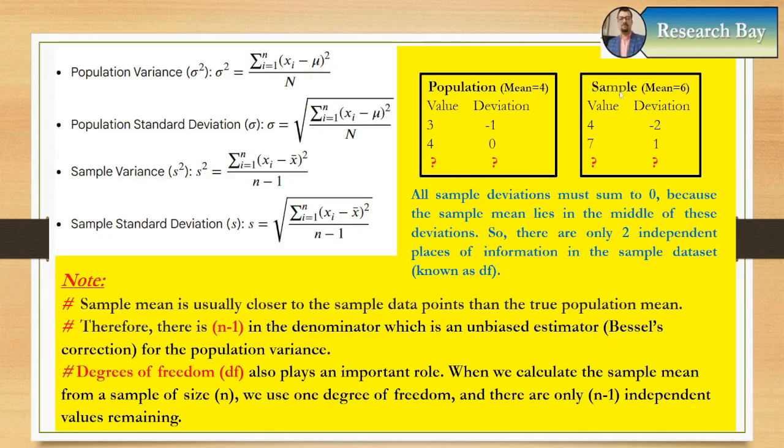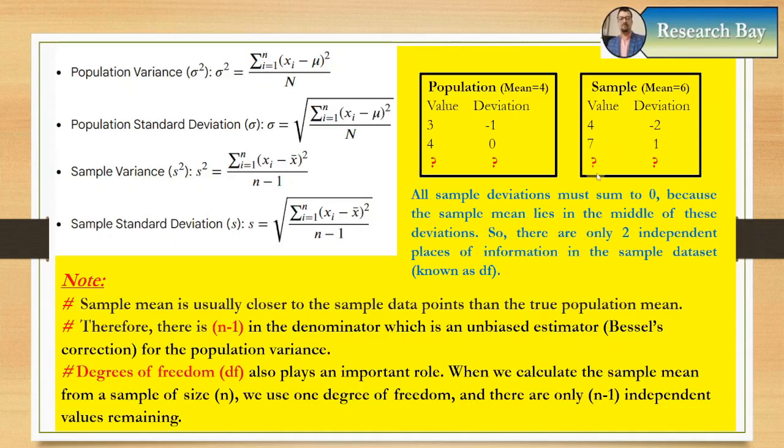But if we see the case of a sample where we know that the mean is 6 and there are 3 values in the sample, 3 respondents are there. In this case, the first value is 4, the second is 7, the deviation 4 minus 6 is minus 2, 7 minus 6 is 1.